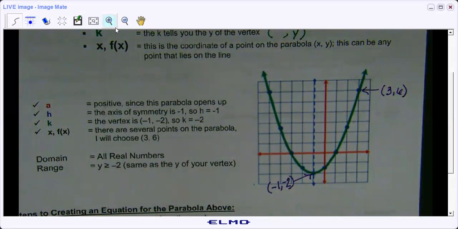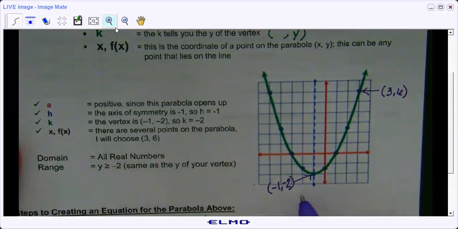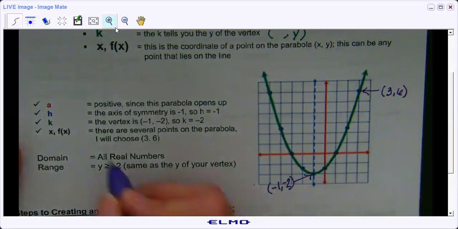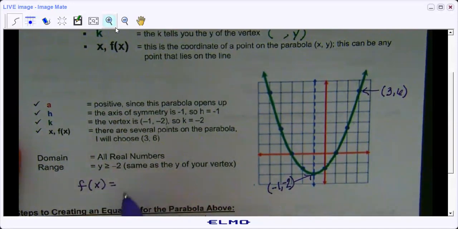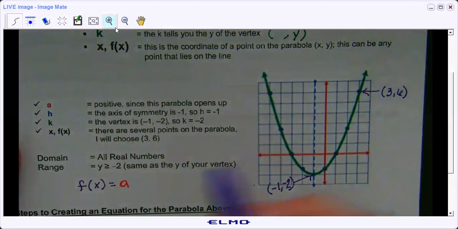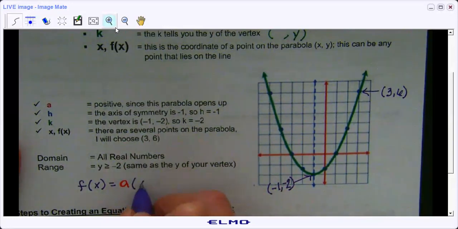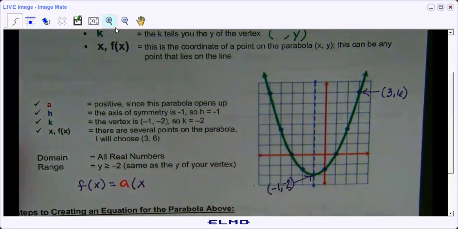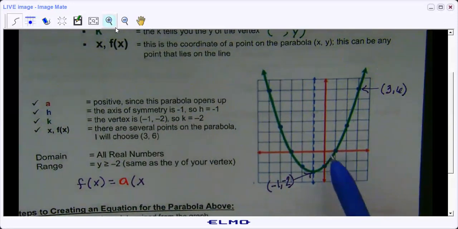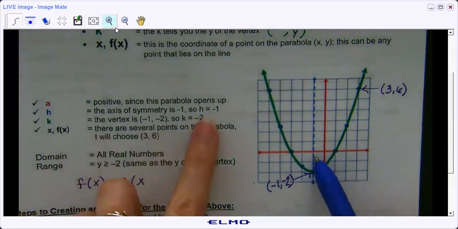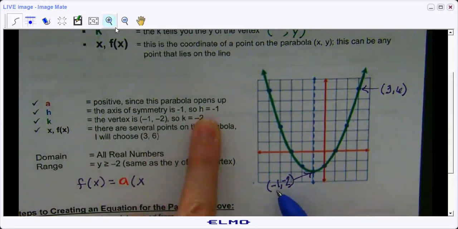So if we were to write the equation for this, we would have f of x equals, is our A going to be positive or negative? Positive, so we have A, which is going to be positive. And then we're going to have times X. And then our H, what is our H? Our H represents the X of the vertex. Our H is a -1.